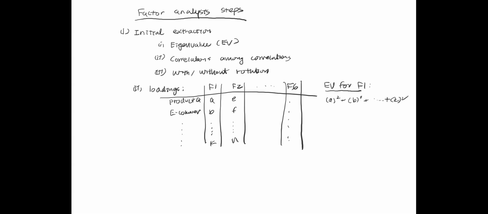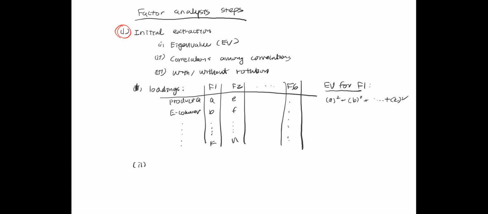The eigenvalue tells how important the factor is, so a bigger eigenvalue means a more important factor. In this initial extraction stage, we quickly check the eigenvalue.